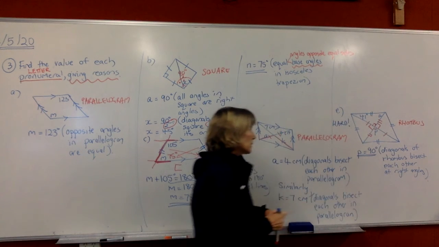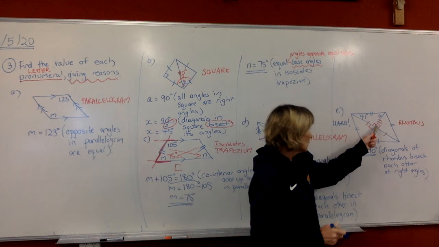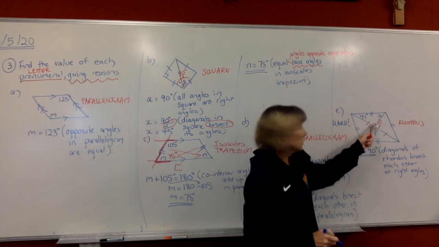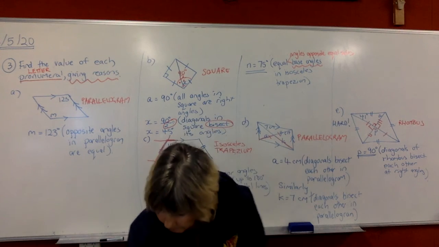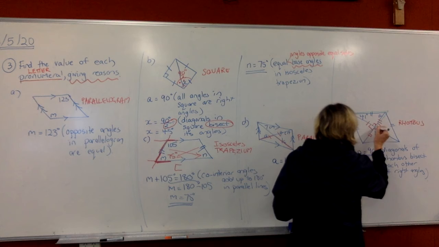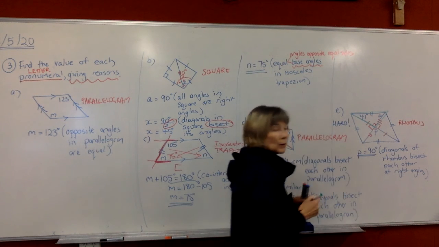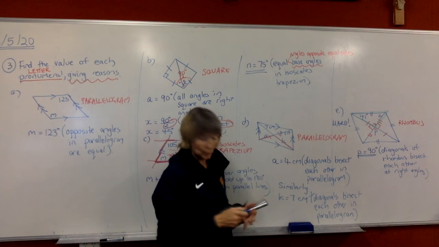Okay, so now we're back up to A. Now if you have a look up the top here, we've already got a right angle here as well. So now what you're looking at is this little triangle. If you just look up in the green triangle, we've already got two angles in that triangle, and we're looking for the third angle.